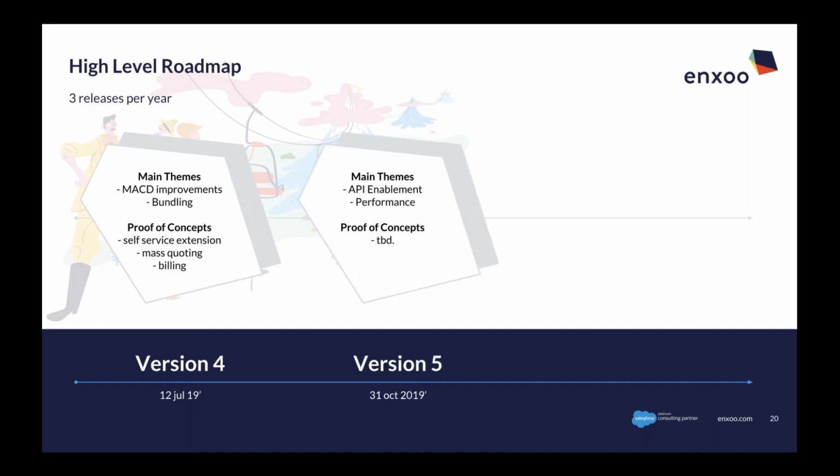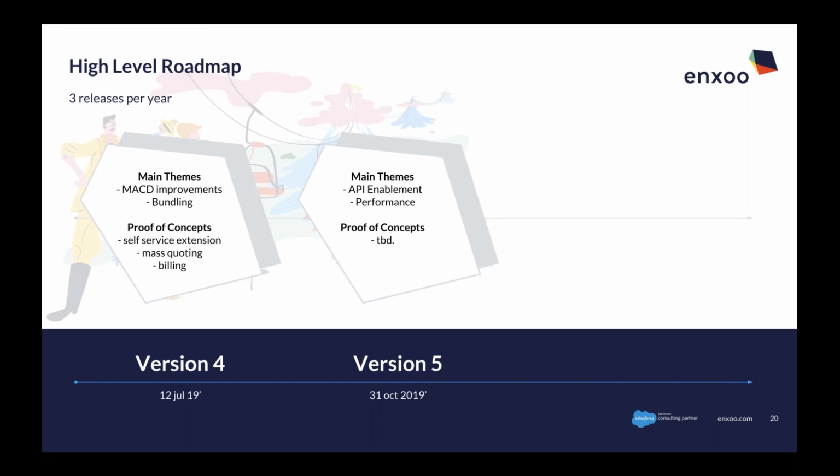Let's take a look at what's going to happen further down the road. So version 5 is already in our schedule for the end of October, and the main areas where we want to focus, at least for now, are API enablement and performance improvement.